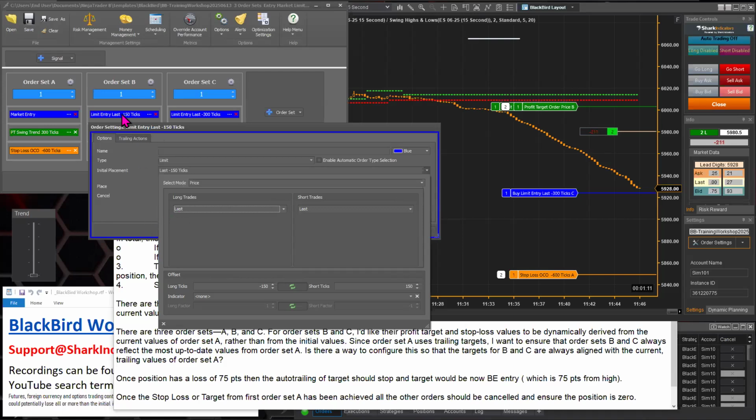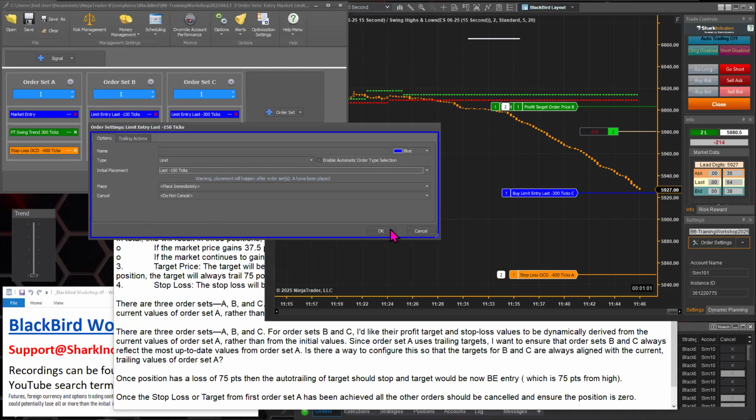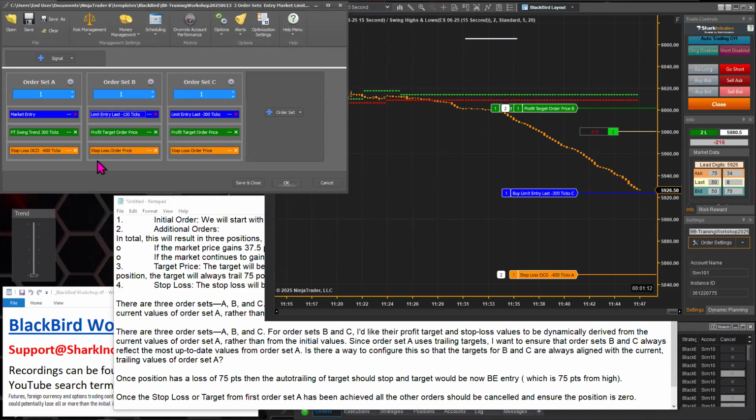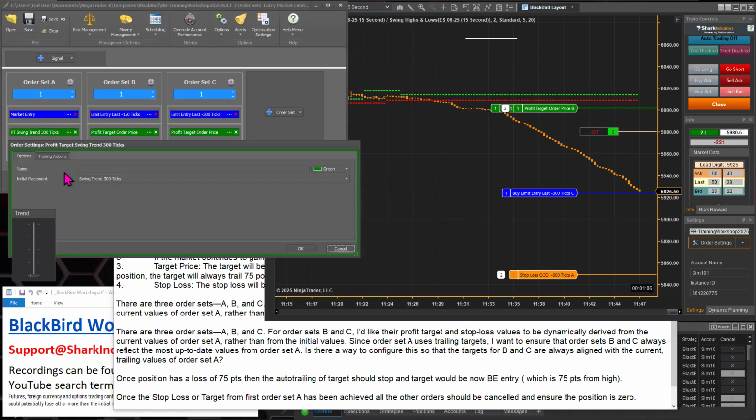That's going to synchronize the scale-in orders to the entry price of this market entry as best as we can get. All right, so that's one element here. Cancel that. And the next element is our profit target.